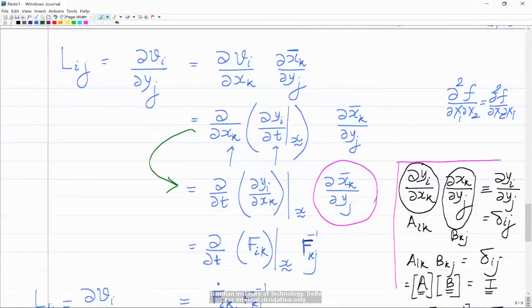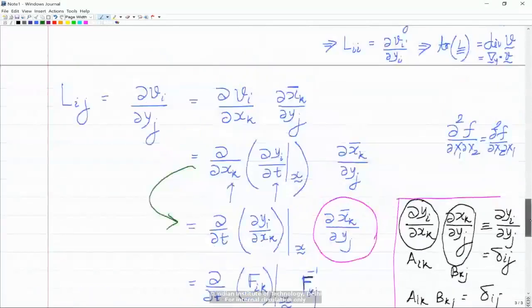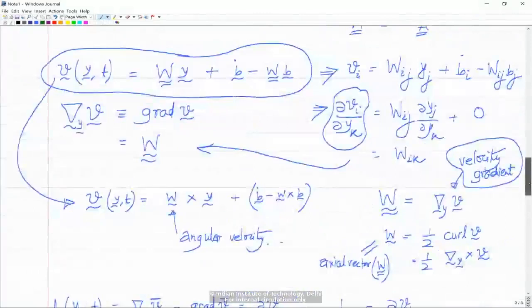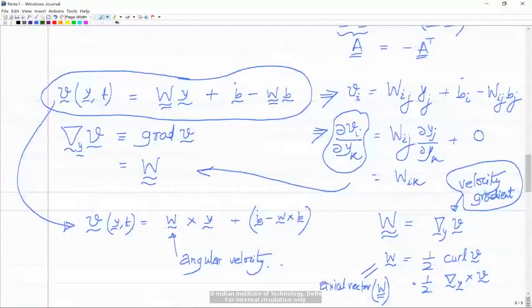Okay, any other question? So you can ask me also. Yeah. Sir, when you wrote V is equal to W plus B minus WB, and then we took a derivative with respect to Yk. Just a second, let me go there. V equal to W, you mean here? Before this, when we wrote it as WY plus B dot minus here.